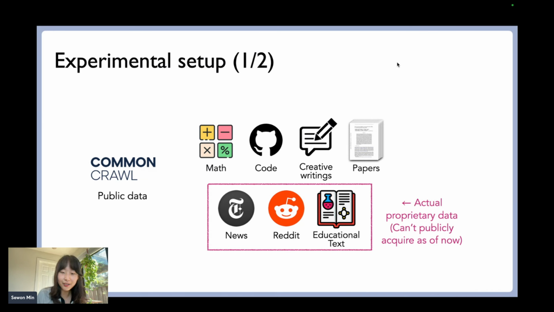One thing we tried to be intentional about is that some of these data sets are actual proprietary data sets where data owners have some restrictions. For instance, a lot of the news data is extracted from Common Crawl that was downloaded a few years ago, but it has been known from a few papers that a lot of news providers are now applying paywall restrictions so that Common Crawl cannot have that.